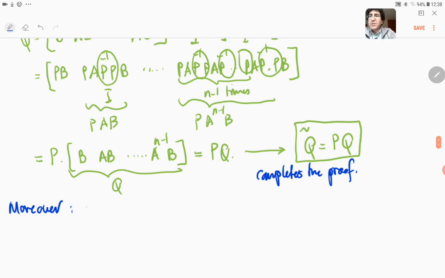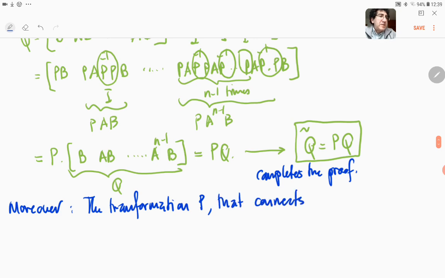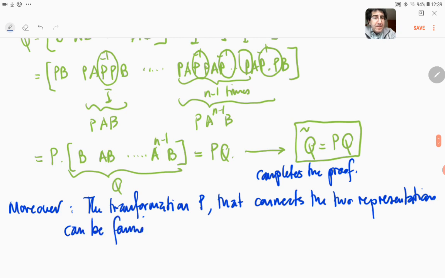Moreover, we can find this transformation P that connects the two representations by multiplying the above equation from the right with Q to the power minus 1.